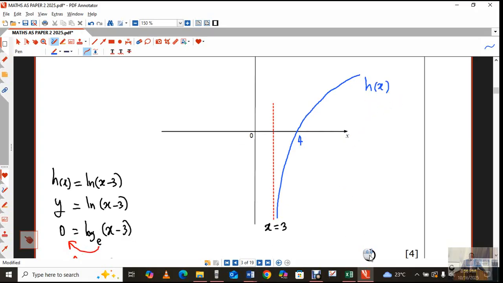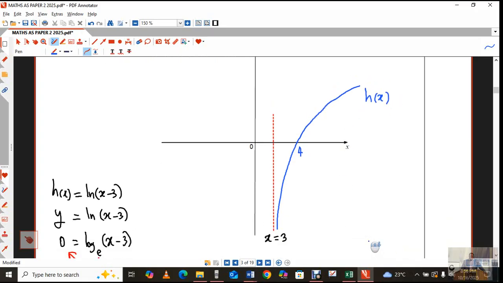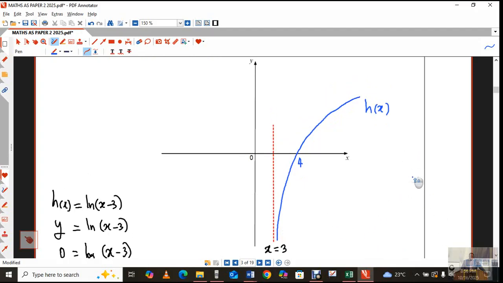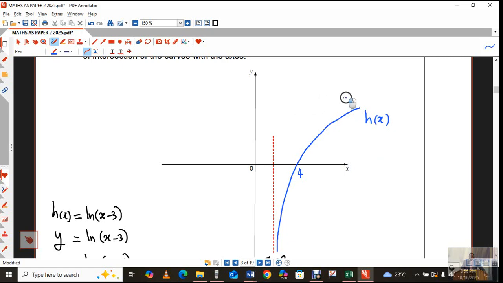Then you just do the same for the inverse. The inverse here, the asymptote is x equals 3. On the y-axis, this is just going to be reversing. So if I was to change the color, let's suppose this is the line, and I just end there.